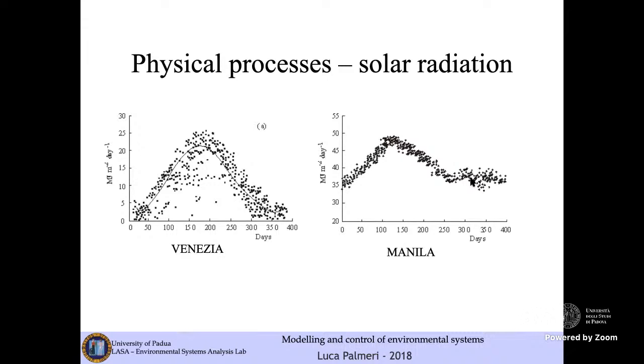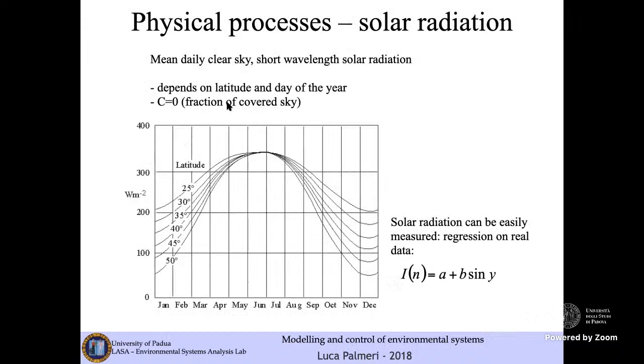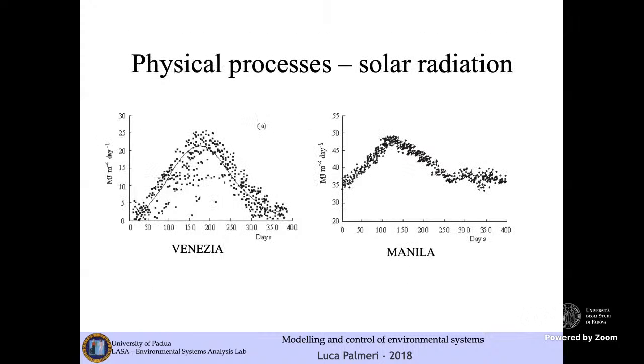So you understand that the percentage C of the fraction of the covered sky has a significant influence on the model that you shall apply to describe or to model the quantity of solar radiation arriving onto your system, onto your ecosystem.